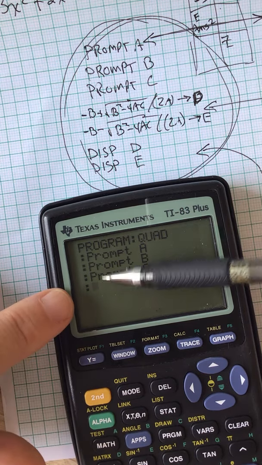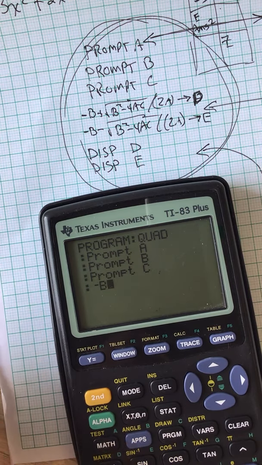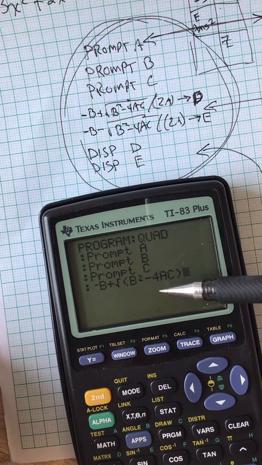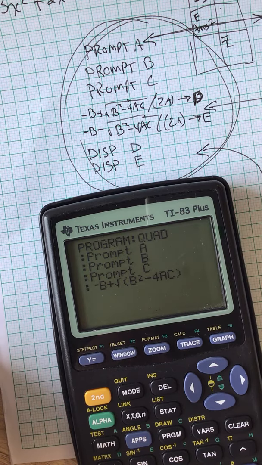Okay, so for the fourth line of code, I'm just going to do this. I want negative B plus the square root of B squared minus 4AC. So for these older ones, see, that's the square root of this stuff. Then I want to divide all of that by the package 2A.